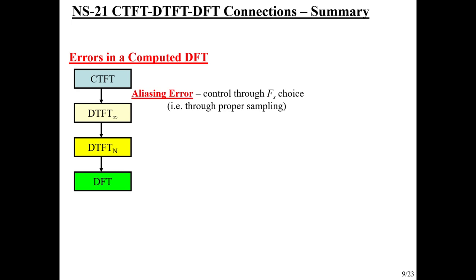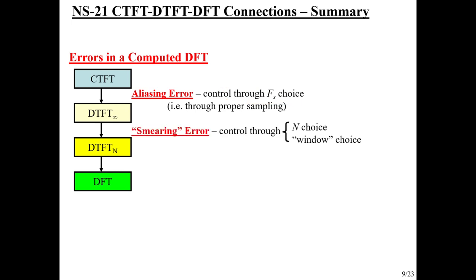So we have the aliasing error, and really the only way to control that is through proper choice of FS. Okay, maybe an anti-aliasing filter, but even with the anti-aliasing filter, we need to make sure that we're retaining the range of frequencies of interest, and then we choose our sampling rate properly.